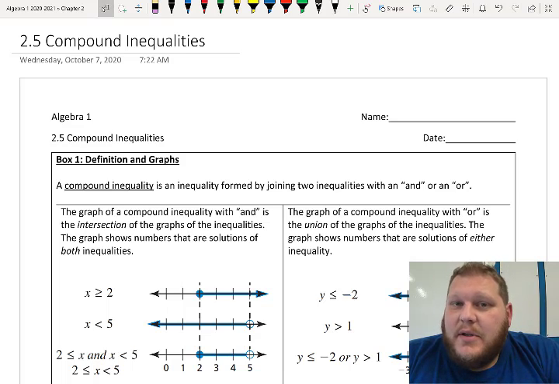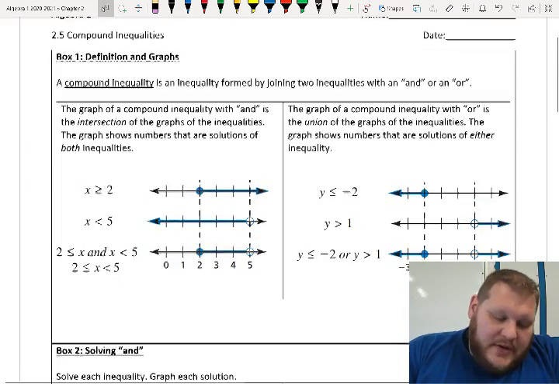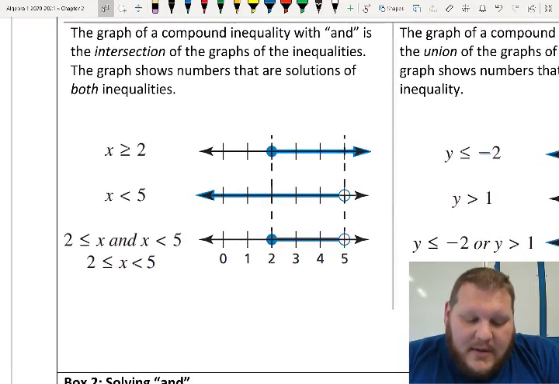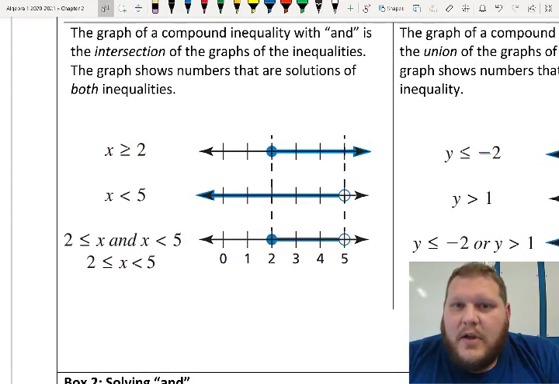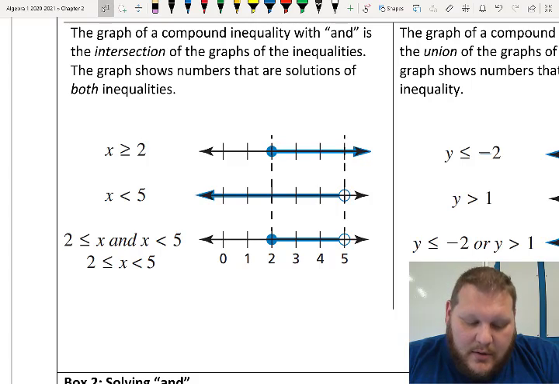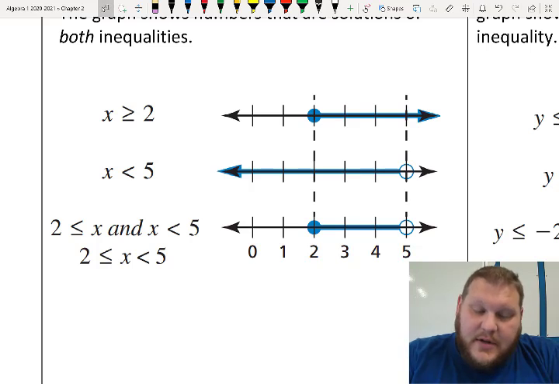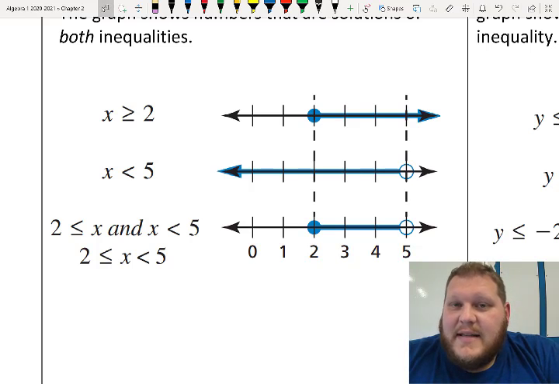How they interact with each other is based on how their solutions interact. So if we take a look first, the graph of a compound inequality with AND intersects the graph of the two individual inequalities. If we look at this one here, x is greater than or equal to 2 is that top inequality.